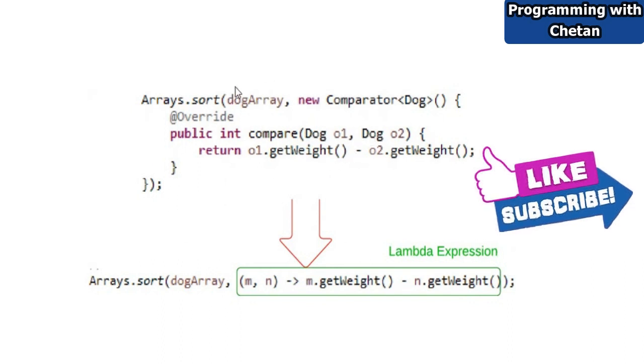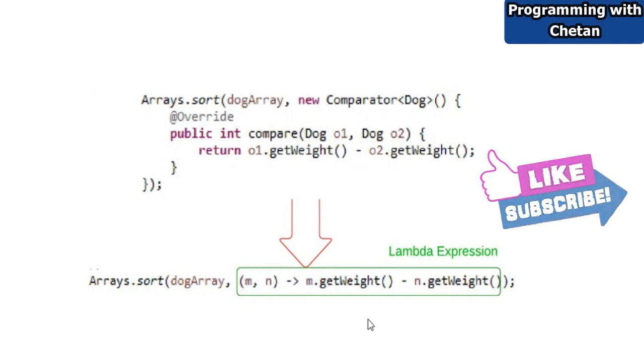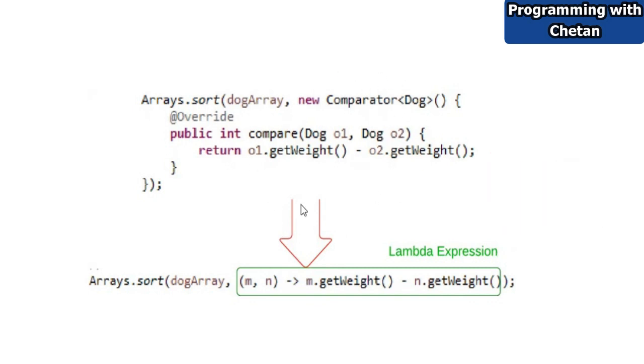So here we are sorting our dog array, and we have provided a custom logic for sorting our array. Now here you can see how we can use lambda expression to define the implementation of a functional interface. Here we are providing an implementation of the compare method, which is an abstract method of the Comparator interface.